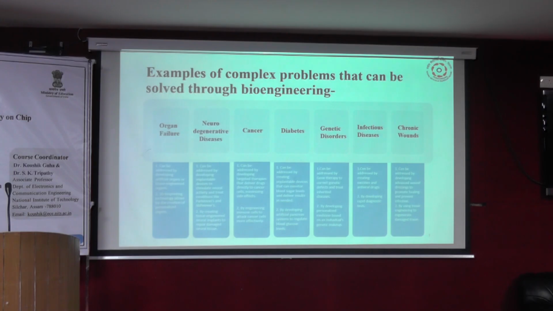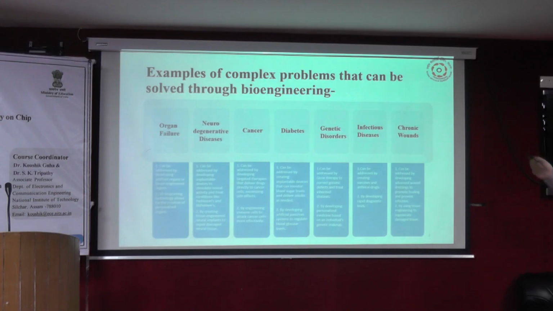Organ failure is very complex. It's not like a common type of disease. Finding specialist doctors for this type of disease is also very difficult. Not every place has a very good neurologist or a very good nephrologist.